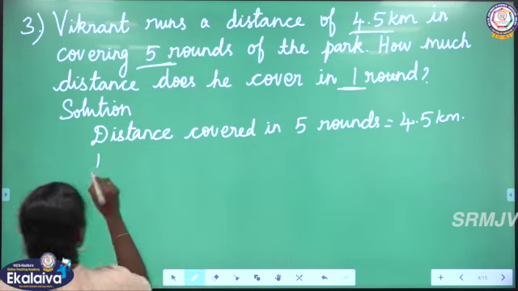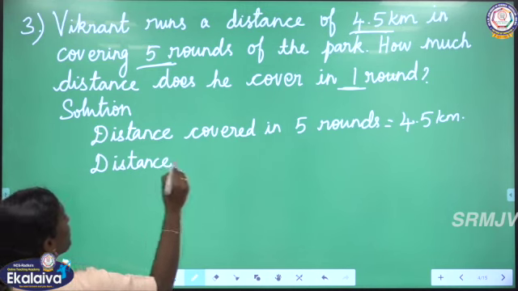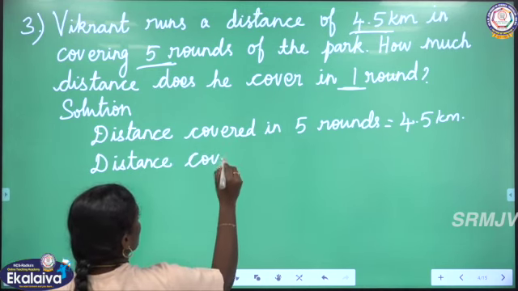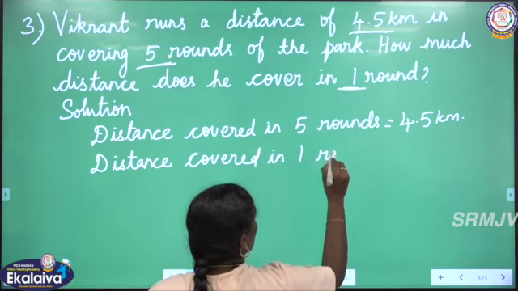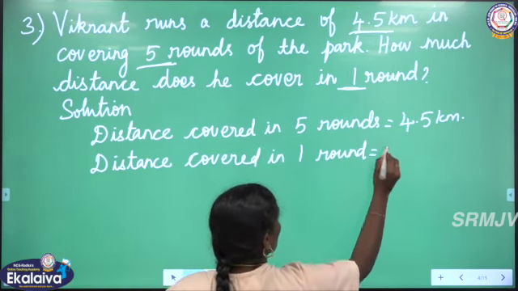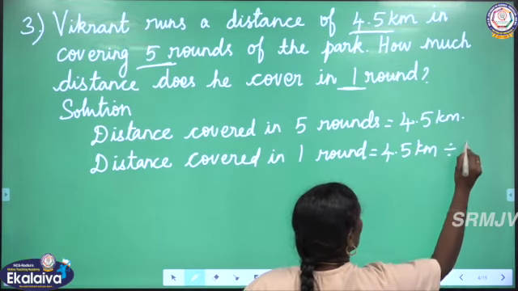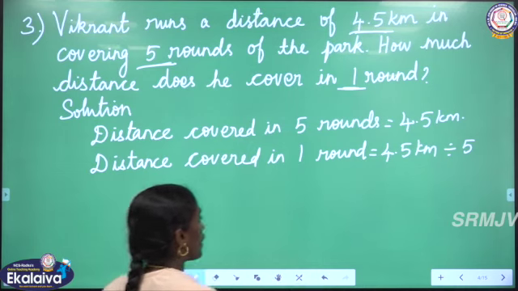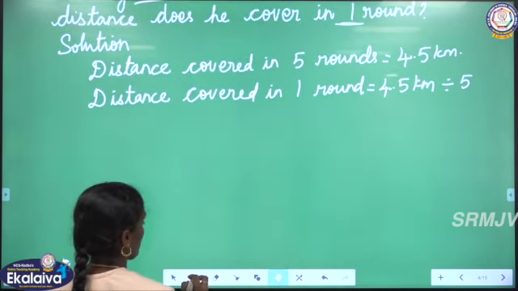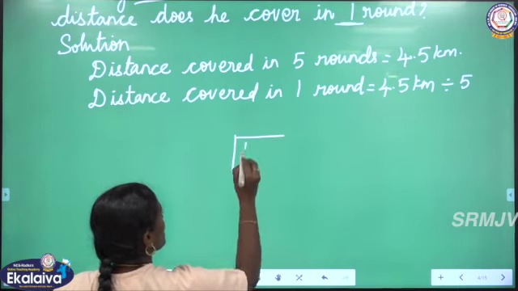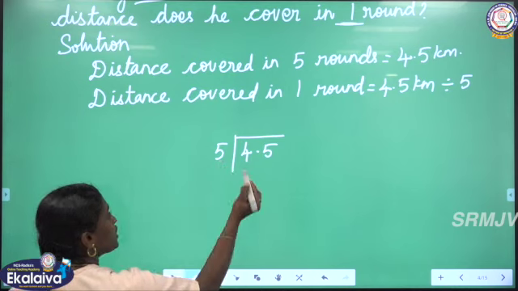Now we are going to find the distance covered in one round, which is equal to 4.5 kilometer divided by 5. Now we have to do the division. The dividend is 4.5. The divisor is 5. A divisor is a one digit number.